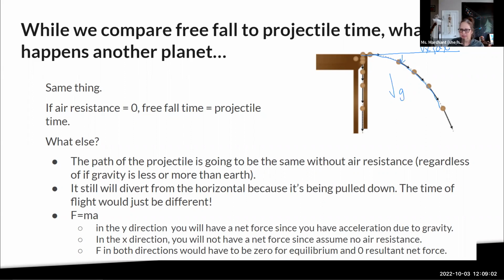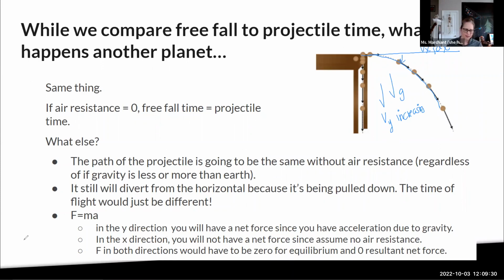Now the velocity in the x is still going to be constant because there's no air resistance, but as it's going east, it's being pulled down by gravity. So the velocity in the y direction is going to be increasing. As long as there's no anti-gravity, your velocity in the y direction is going to be increasing. Your velocity in the x is going to be constant. Gravity is still acting towards the center, so it is still pulling it down.